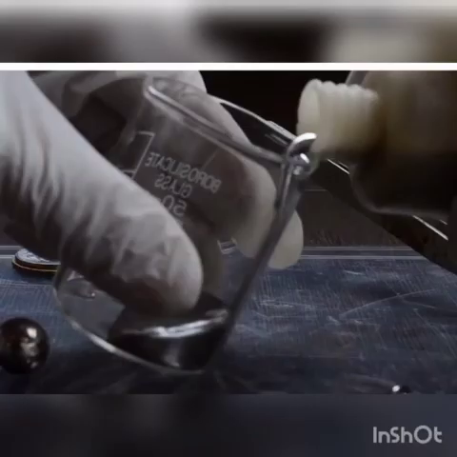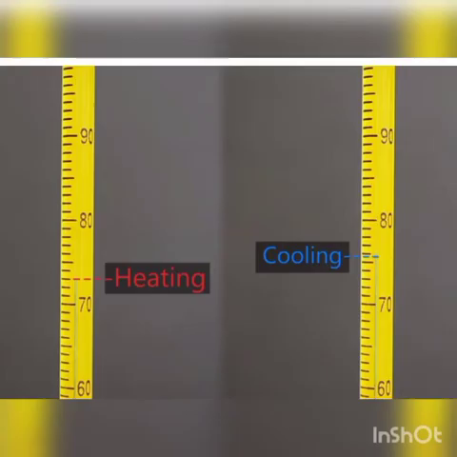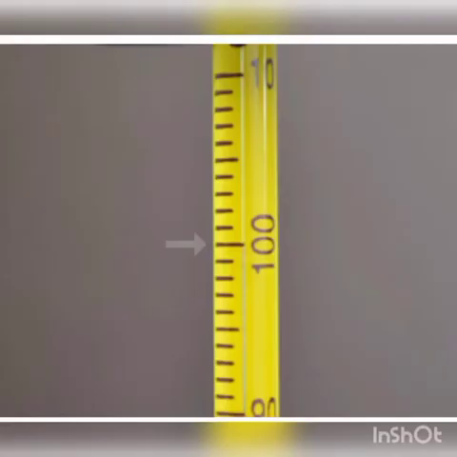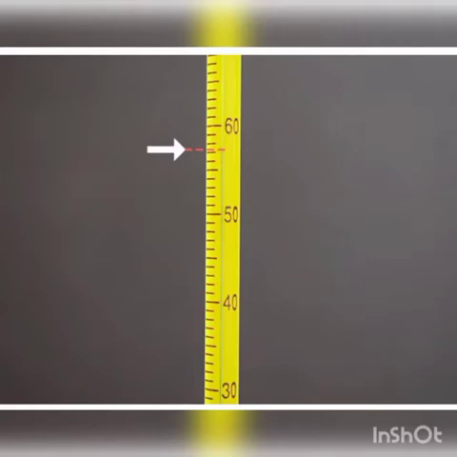The bulb is kept in contact with the object whose temperature is to be measured, so that its temperature becomes the same as that of the object. Because of the increased temperature, the alcohol inside expands and its level in the tube rises.